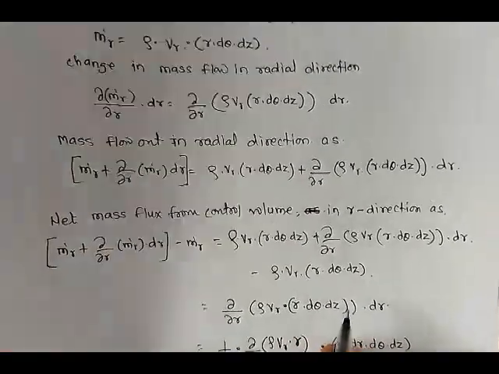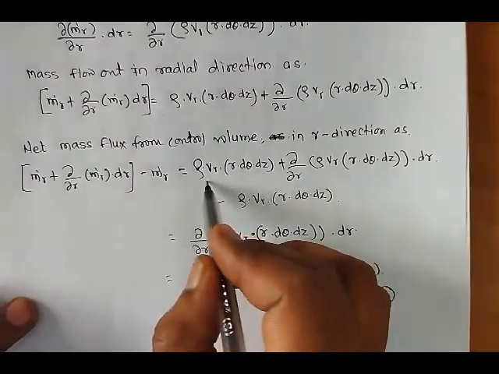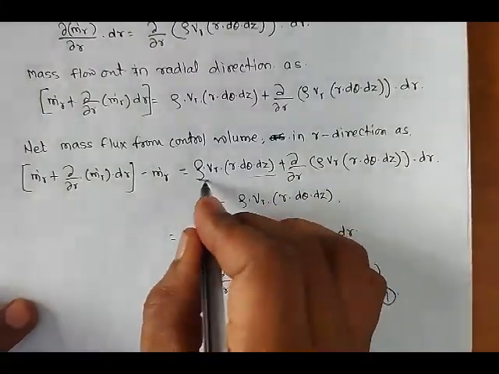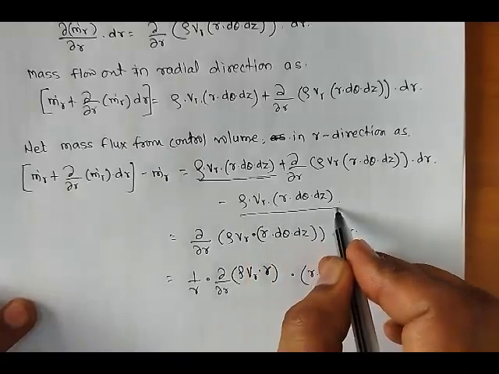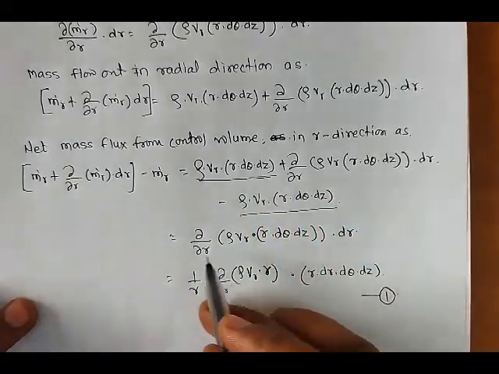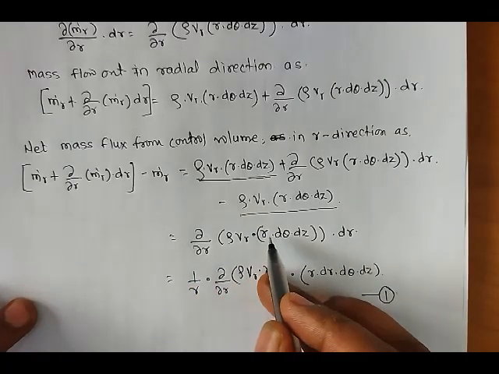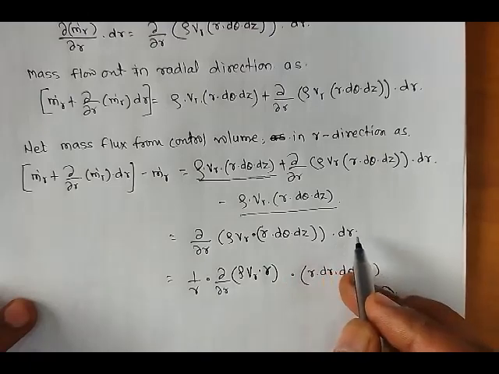In this equation, this term and this term are similar, so plus and minus get cancelled, and the remaining term is ∂/∂r of (rho Vr r) d theta dz multiplied by dr.